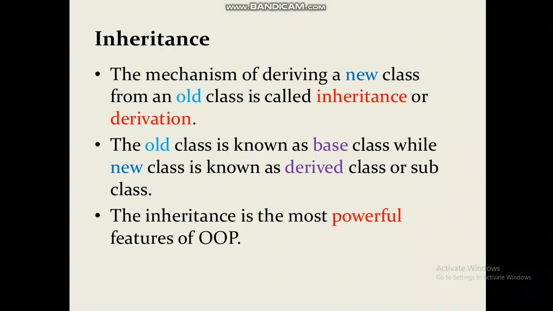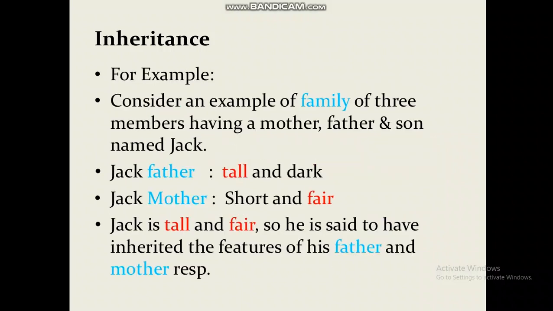Inheritance. The mechanism of deriving a new class from an old class is called inheritance. In Java, the old class is known as the base class. The new class is called the derived class. The powerful feature of the OOP concept in Java is inheritance. For example, consider a family of three: mother, father and son.